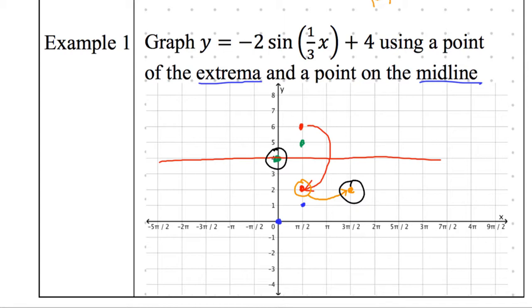If I had to do a rough sketch, it comes out of here, has a maximum there, comes down to the midline again at 3 pi, and then comes up to the value of 6 right there, and then keeps going on.